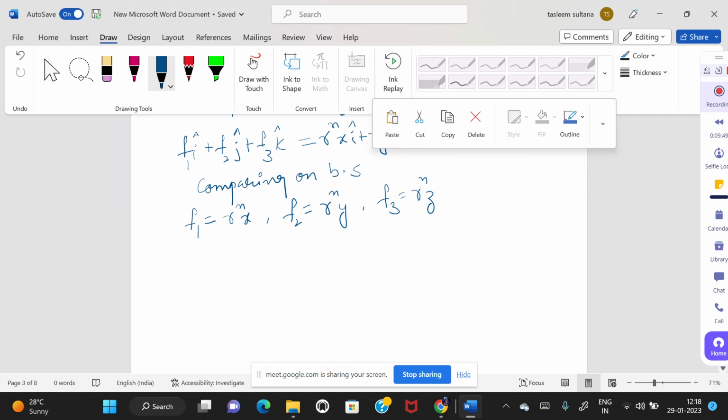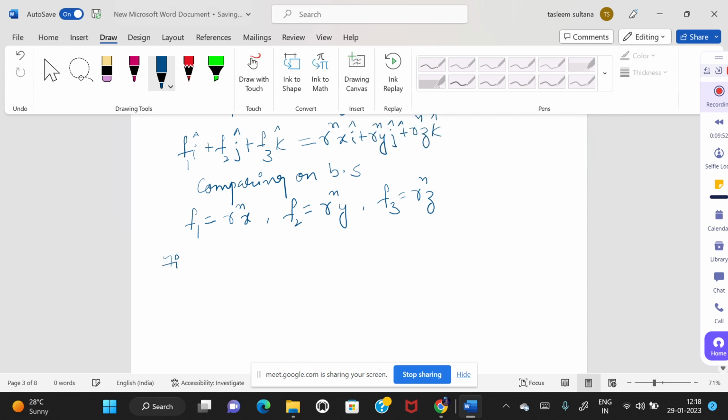We have to find the divergence of f vector, which is nabla dot F vector, which equals dou by dou x into i vector plus dou by dou y into j vector plus dou by dou z into k vector.